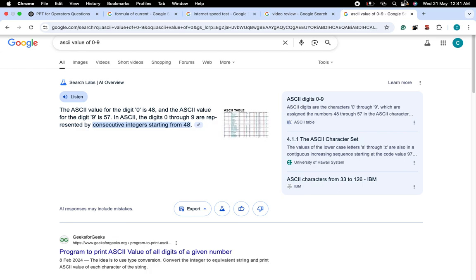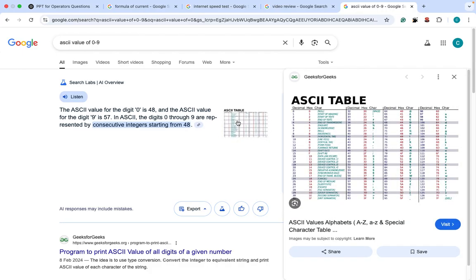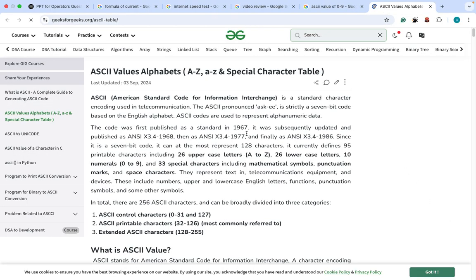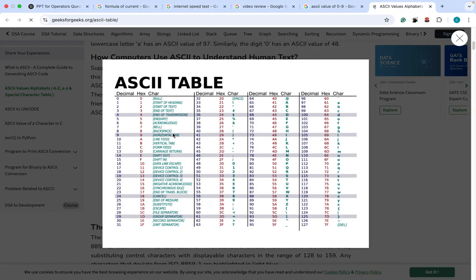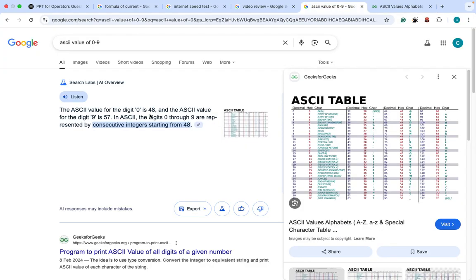This is the ASCII table. Every character has some number in the system.